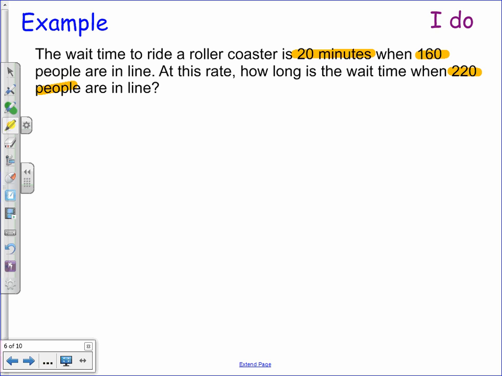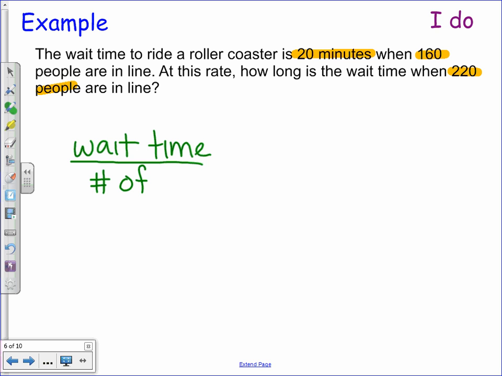When we set up a proportion, you always want to have the same thing on the top and the same thing on the bottom. For example, we'll have wait time over the number of people. So you want to compare wait time to people.